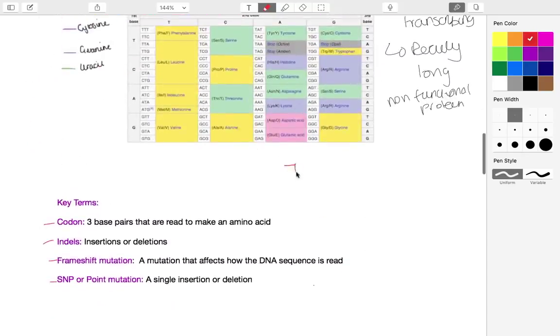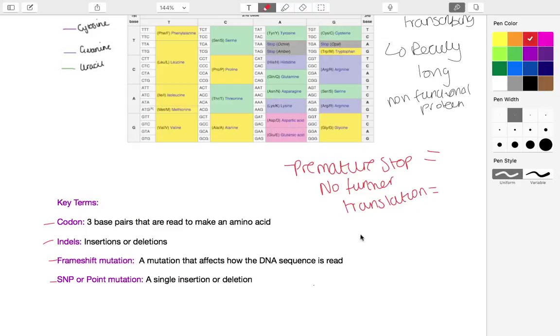So I'll put that here. Premature stop equals no further translation, which equals a truncated, likely non-functional protein.